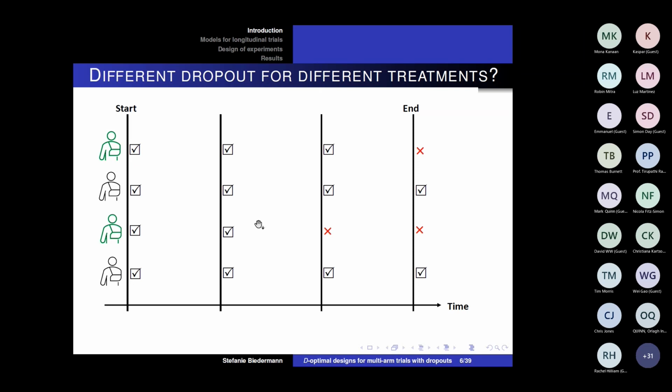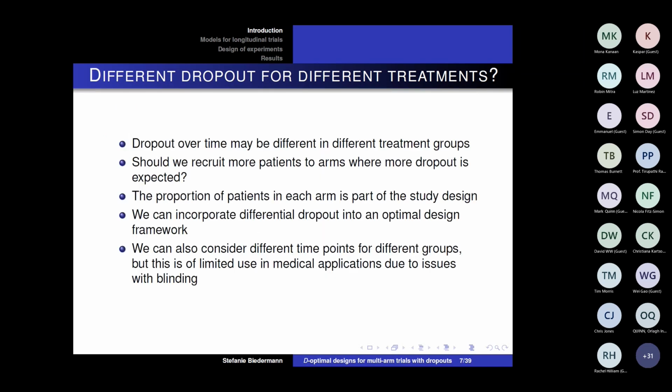So there might be different dropout for different treatments. And so the question is, instead of just having equal allocation in all groups, should we maybe have some more patients in the arms where we can expect more dropout, which seems intuitive? And we know the proportion of patients, or randomization ratio, is part of the study design. So we could incorporate differential dropout into our optimal design framework.